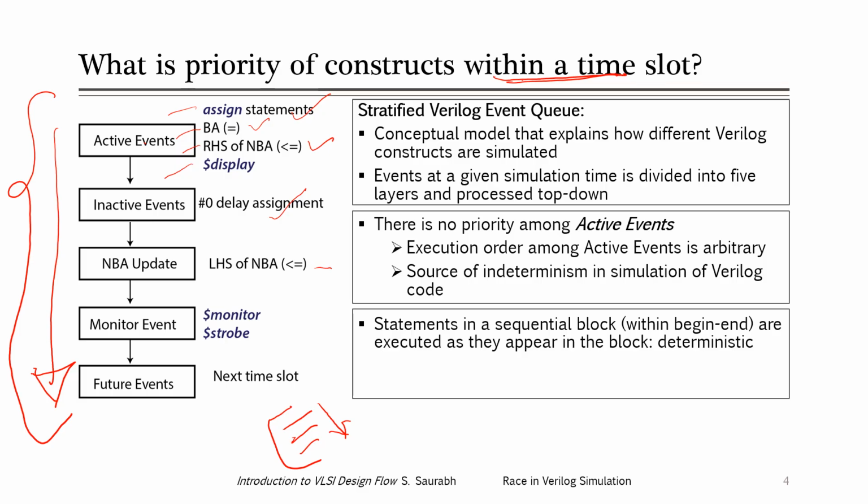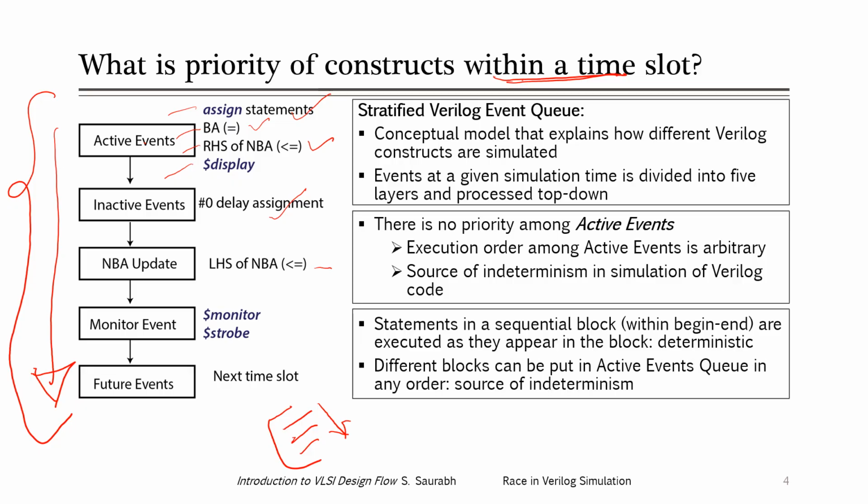There is no indeterminism in that. It is totally deterministic behavior. If statements are written within a block, it can be an initial block or an always block, then they are executed sequentially, one after the other, as per the IEEE standard. There is no indeterminism in this case.